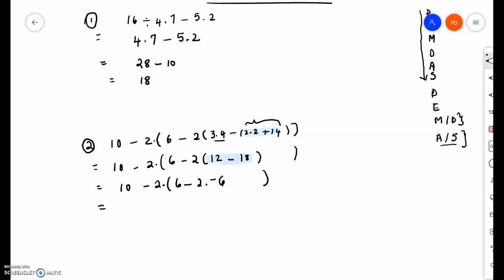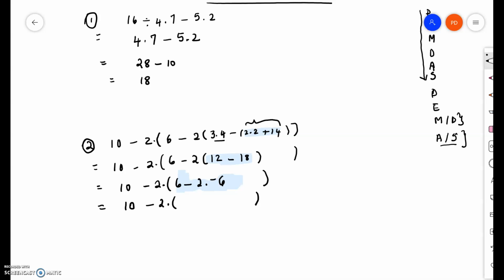Now again, start with the innermost parentheses first. Always simplify parentheses first. So that is 10 minus 2, and I know I'm repeating myself, but do not subtract. 2 is multiplied to this quantity.